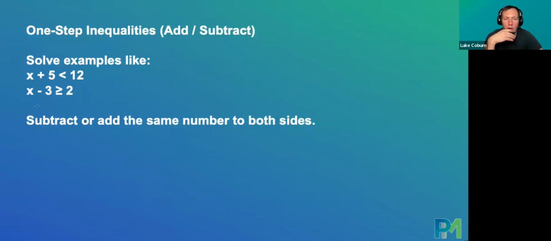So let's consider some examples. We've got some inequalities, and what I'd like to do is take it directly across and imagine for a second that this was an equation. So x plus 5 is equal to 12. If that was the case, then we'd bring the 5 over to the other side, and x is equal to 12 minus 5, x is equal to 7.